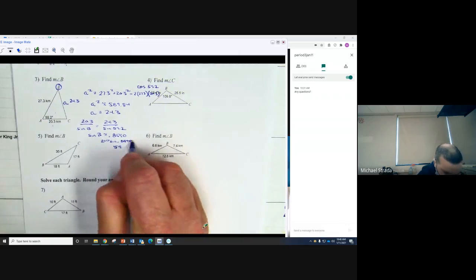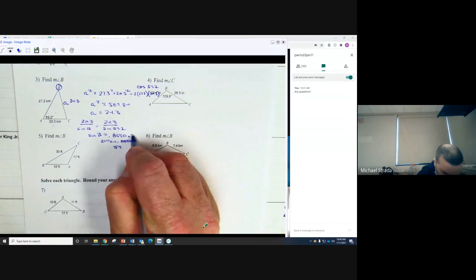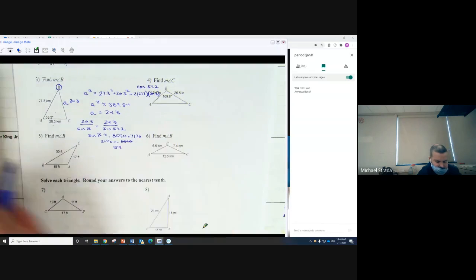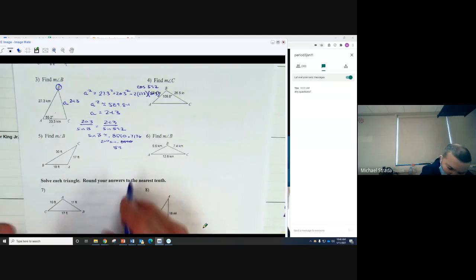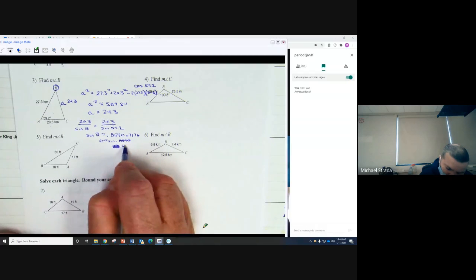This shouldn't be that. It should be 0.7176. We do second sine of 0.7176, and we get 45.9 degrees.